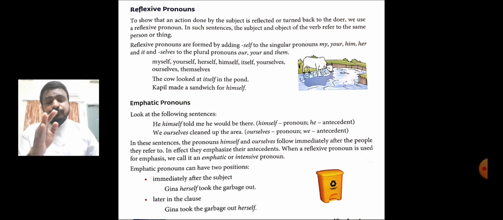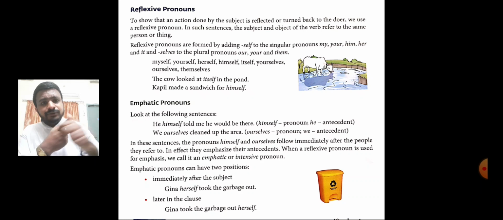So just remember whatever we have learned today. First, we have learned what you mean by pronoun. Then we have learned what you mean by the antecedent of a pronoun. Then we have seen about a possessive pronoun. Before that, we have seen about the personal pronoun. Then we have seen about the reflexive pronoun. And lastly, we have seen about emphatic pronouns.